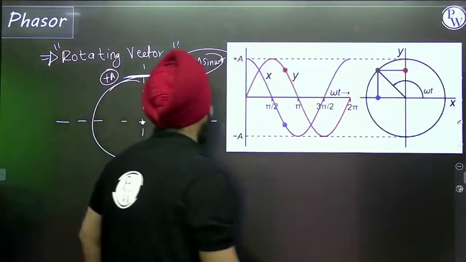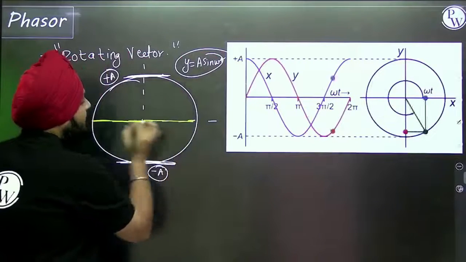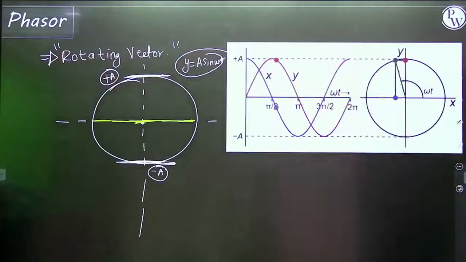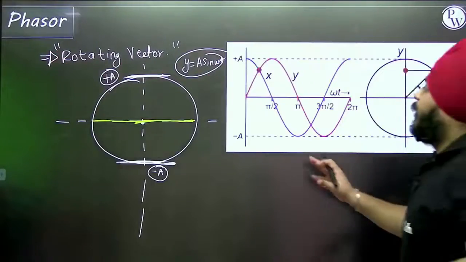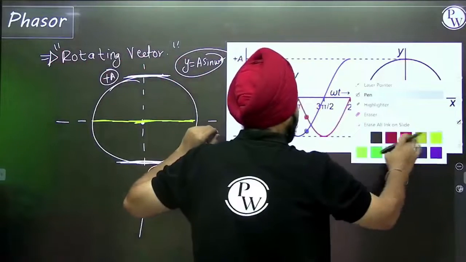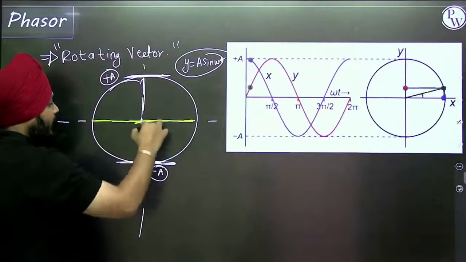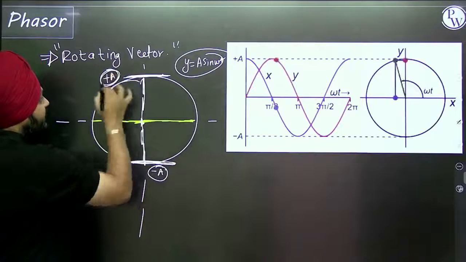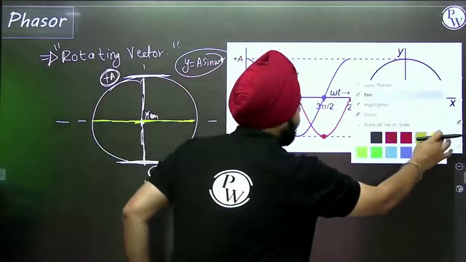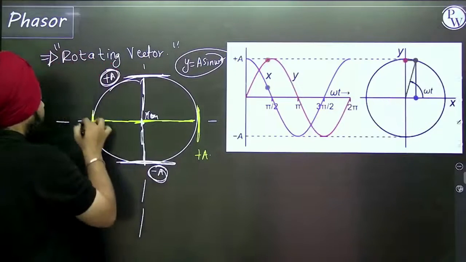Horizontal SHM is this way, and this is for horizontal SHM, this is for vertical. For vertical, this is plus a, this is minus a, and this is the mean position. For horizontal and vertical, the mean position is the same. For horizontal, this will be plus a, this will be minus a.